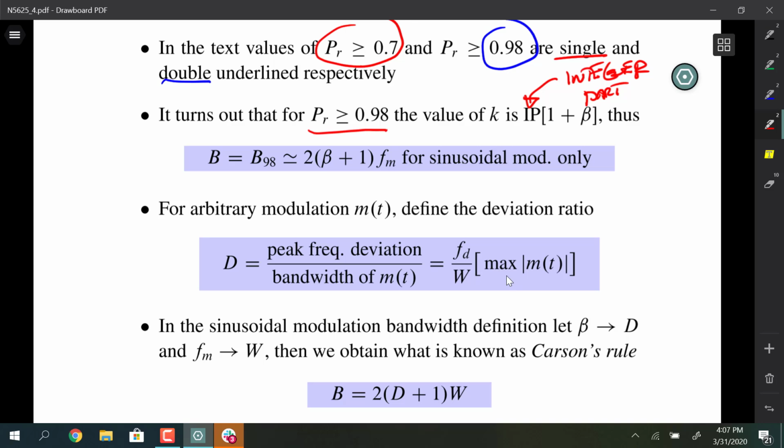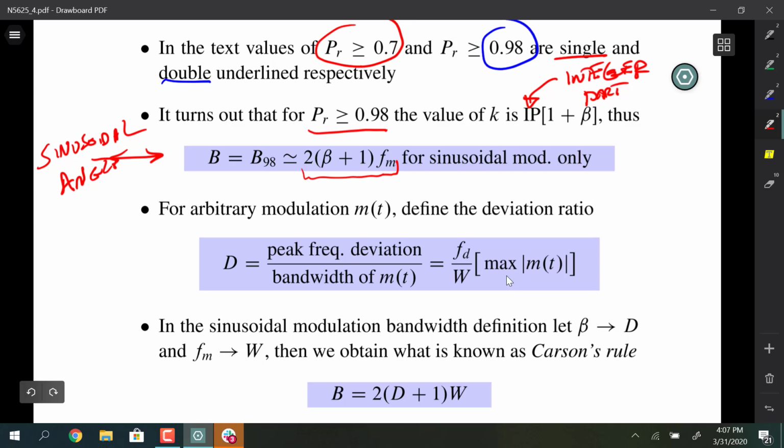So looking at what we have here for sinusoidal FM, we have this formula. So we will use this from now on.